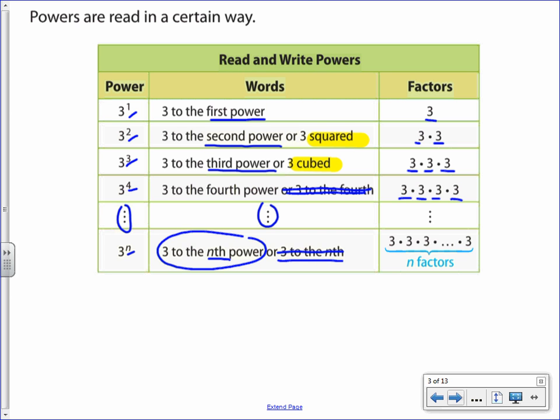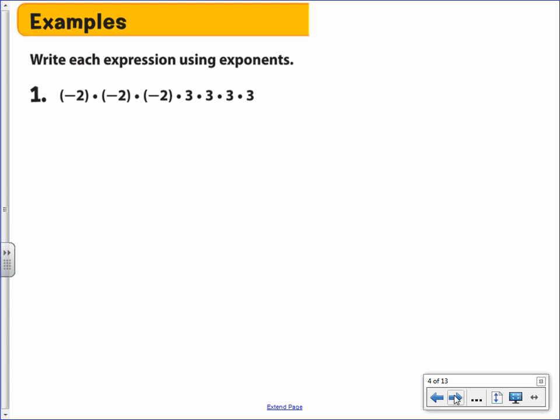Reading and writing them. First example says write each expression using exponents. Well, I see here I have a common factor of -2. I also see that I have a common factor of 3, so I have 2 different bases here.